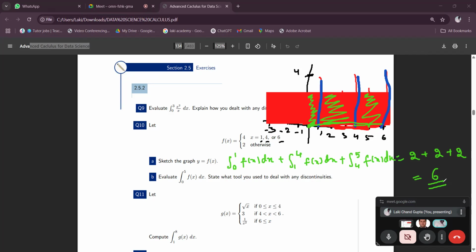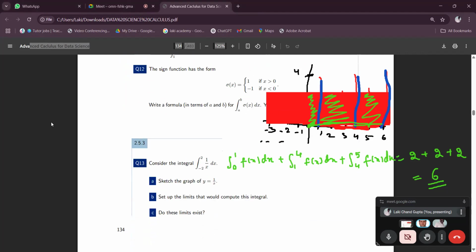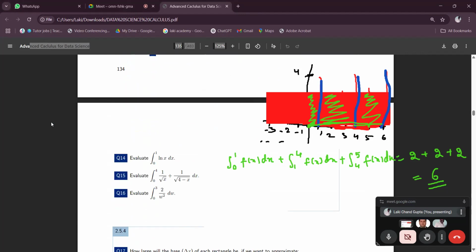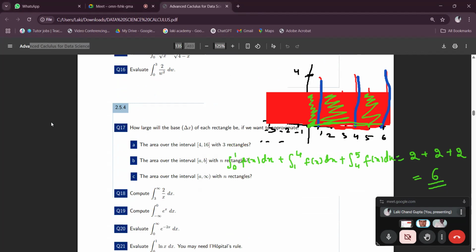That's why we cannot go directly from 0 to 5. Yeah, it's clear. Thank you very much for explaining that.